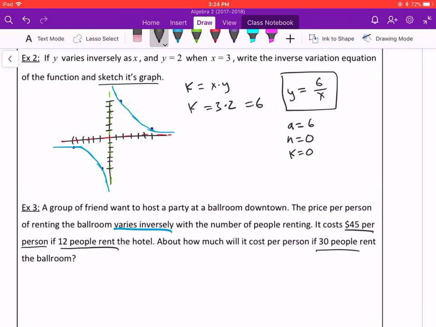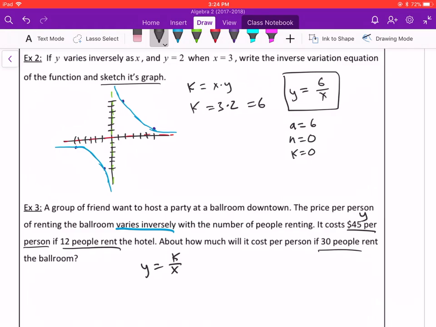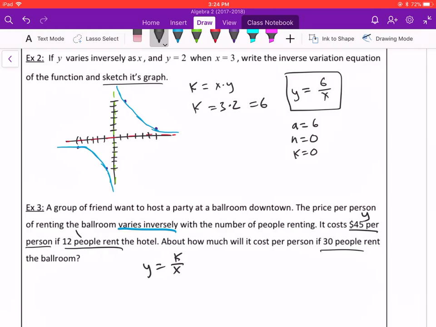So let's write our equation. We know it has to be y equals k over x, correct? So if I know it's going to cost us 45, that would be your y, that's your dependent variable, if 12 people rent it, and x is 12, right? That's just saying like a point is (12, 45). If I multiply those numbers, I can get my k.